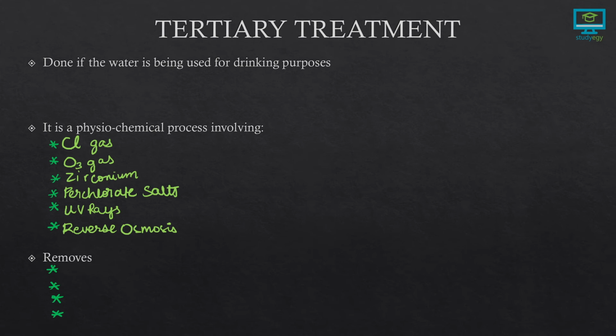These processes are done to remove DDTs, pesticides, pathogens, and some turbidity in the water. Then this water can be used for drinking purposes as well.